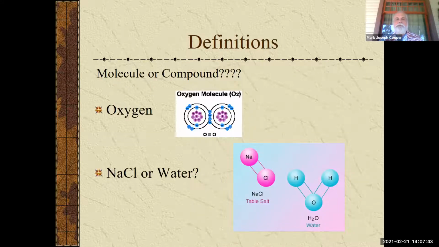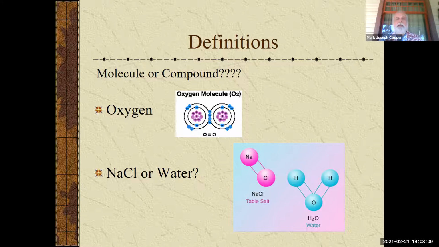All right, so other definitions you need to know. Molecule versus a compound. And sometimes they seem to be used interchangeably, but a molecule is basically a substance made up of 2 or more atoms. And then a compound is made up of multiple atoms of 2 or more elements.